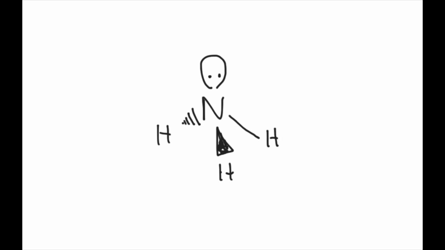And that's the 3D shape of it. This makes the shape of a pyramid, from the nitrogen to the hydrogen to the hydrogen to this hydrogen. That shape overall is a pyramid. So we say that this is pyramidal, or a pyramidal shape.